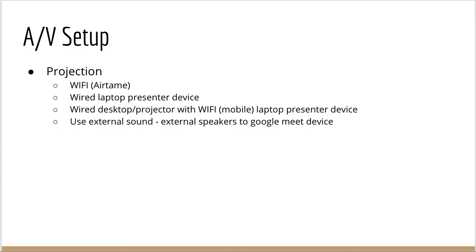So connect to the projector or TV through a wired connection, and then they could log in to the meeting on their mobile device and present with that device. All right, to me that gets a little complicated, but that can work too. We can again use external sound.